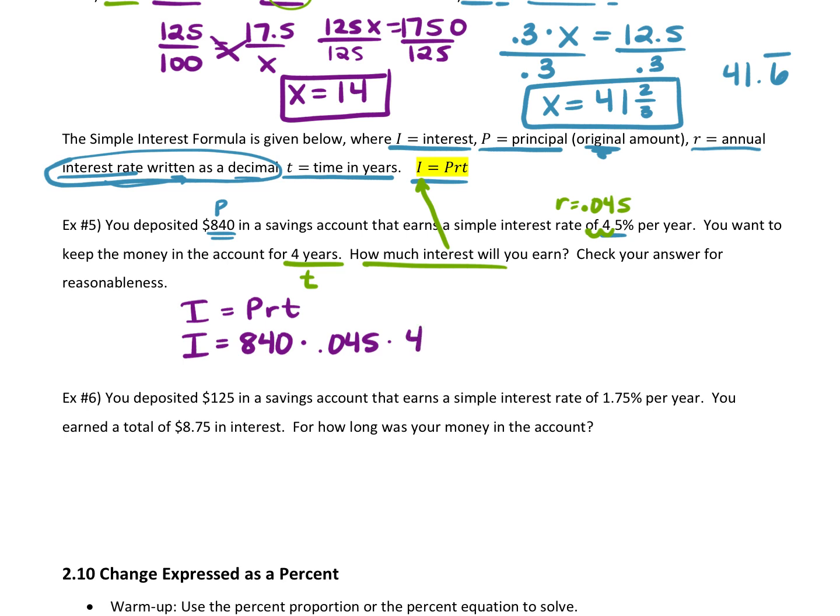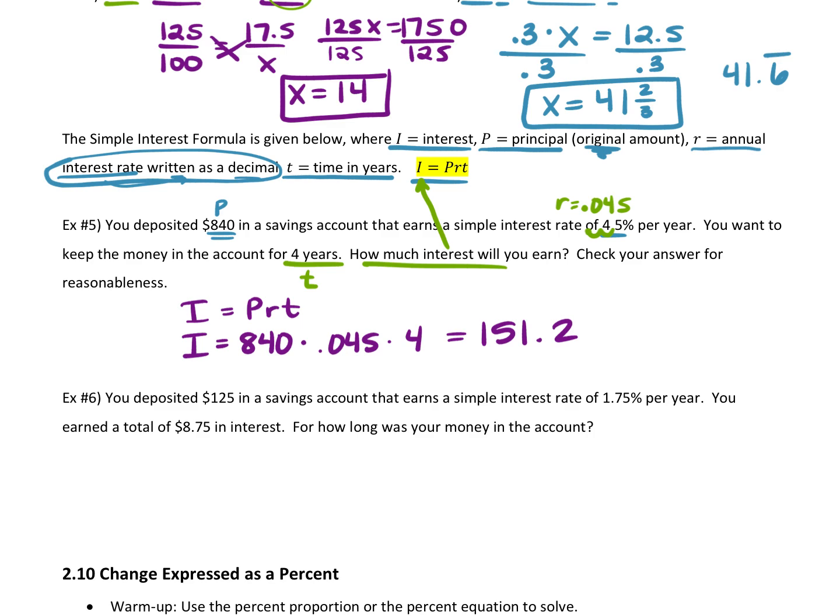So you would plug that into your calculator. 840 times 0.045 times 4, and you get 151.2. Now, the question is, how much interest will you earn? What does 151.2 mean?